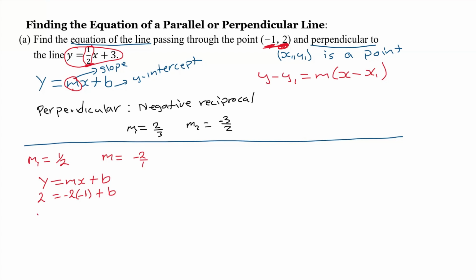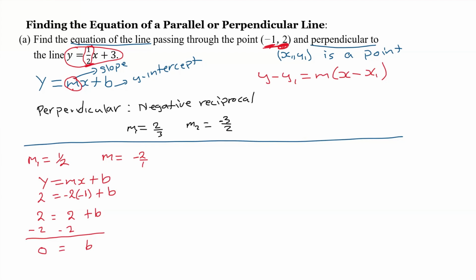So that would mean that 2 is equal to negative 2 times negative 1, a negative times a negative is positive. So 2 equals 2 plus b. And then if you subtract 2, b is equal to 0.